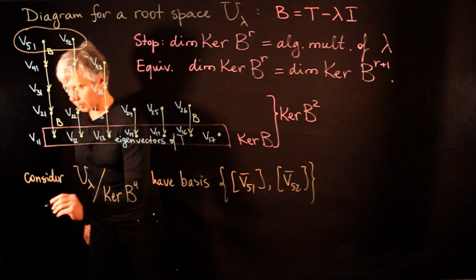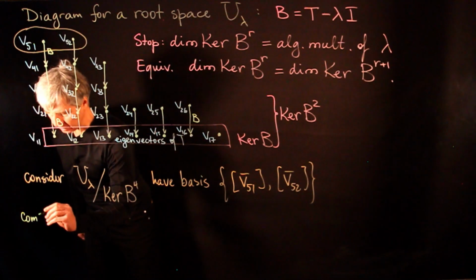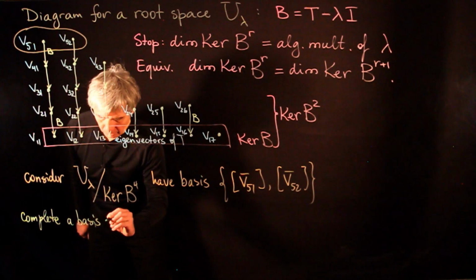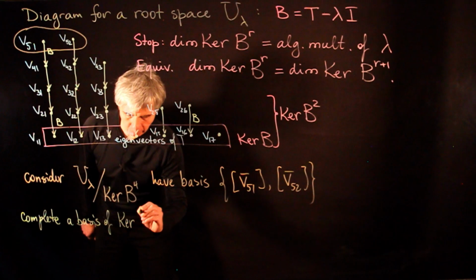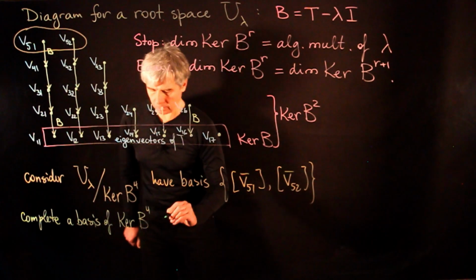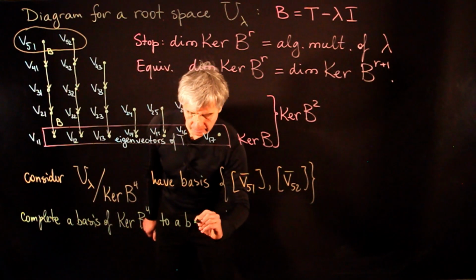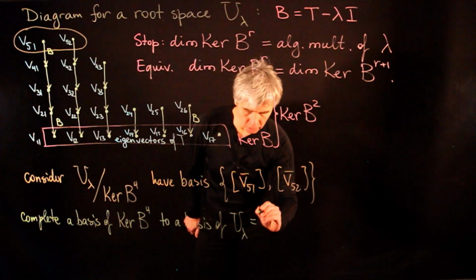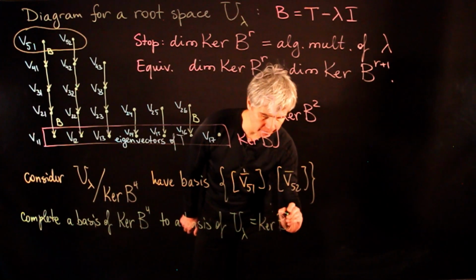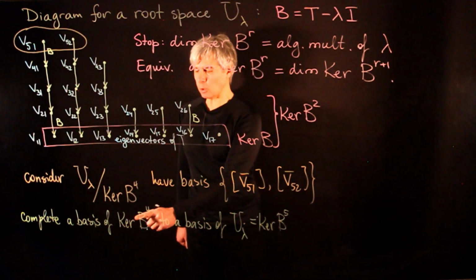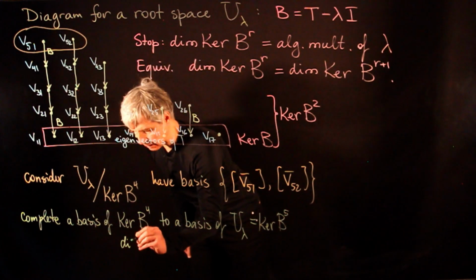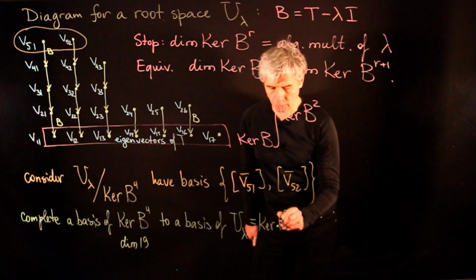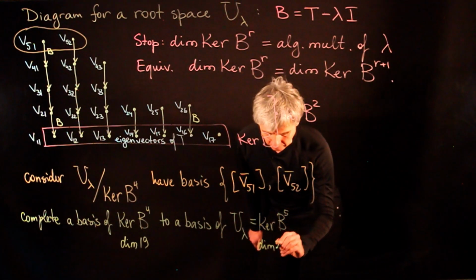Computationally, we are doing the following procedure. We want to complete a basis of the kernel of b to the power 4 to a basis of the space u lambda, which is the kernel of b to the power 5. Now, the subspace kernel b to the power 4 has dimension 19 in this example, and the kernel of b to the power 5 has dimension 21.